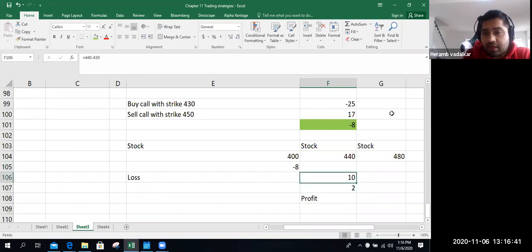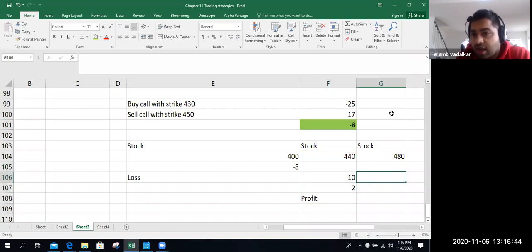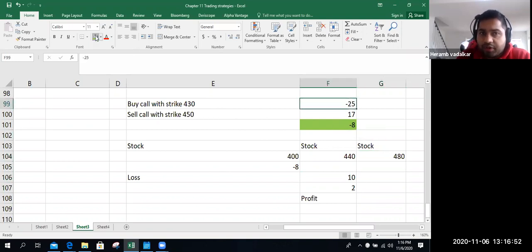Okay. And if the stock goes above 450, like at 480, what will happen? The call with the 430 strike price will be profitable. The call with the 450 strike price will be loss making.